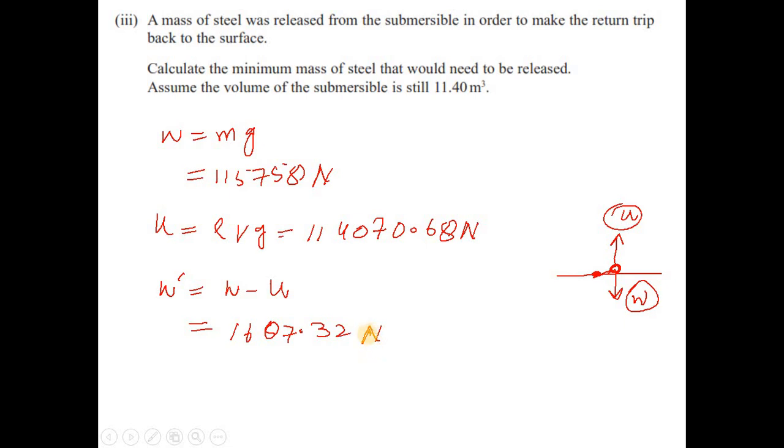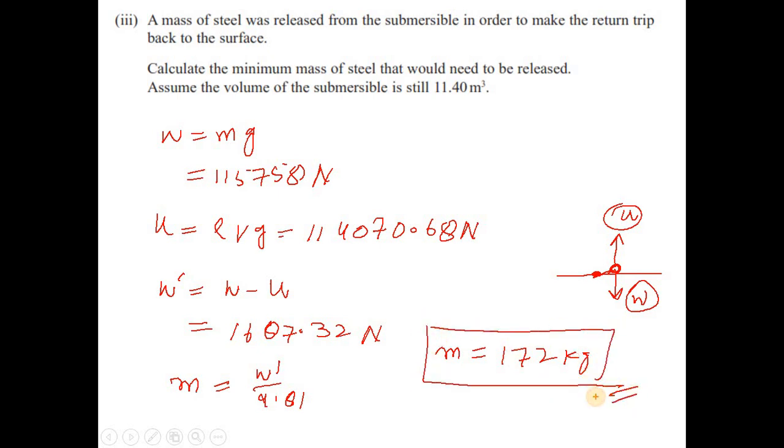This is the weight that should be released, and if you divide this by 9.81, mass would be equal to W dash divided by 9.81, which is approximately 172 kg. So this is the minimum mass that must be released.